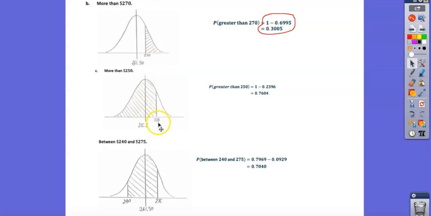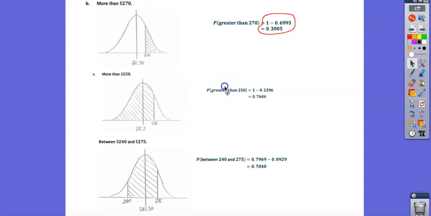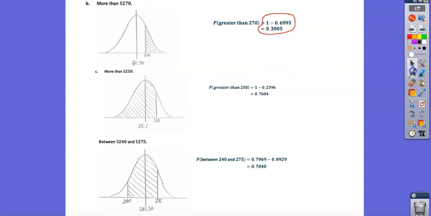Let's see, is greater than 250. I think this is the wrong picture here. For this one, for the probability to be greater than 250, the picture says the probability is less than 250, because it's everything less. If you wanted it to be greater, oh, I see what they're doing.